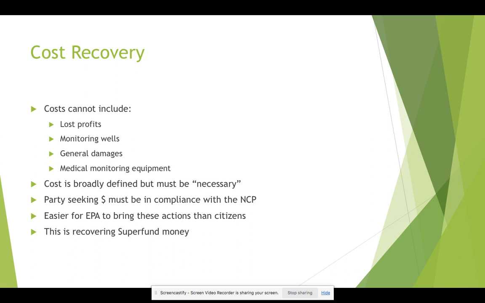So the Superfund is the money that was created when CERCLA was initiated. It was a tax that was placed on chemical and petroleum industries, and all that money went into this trust for the Superfund for these cleanups.